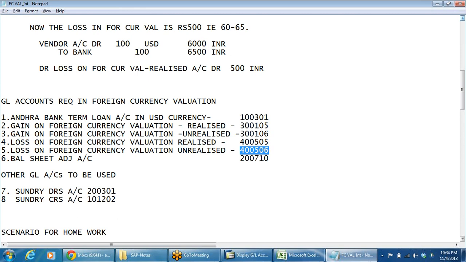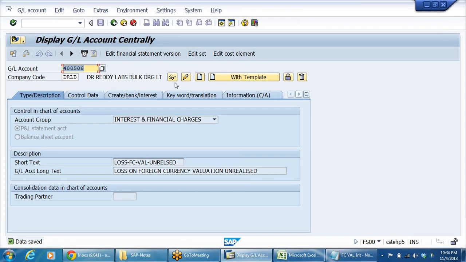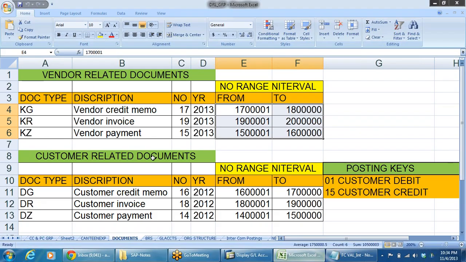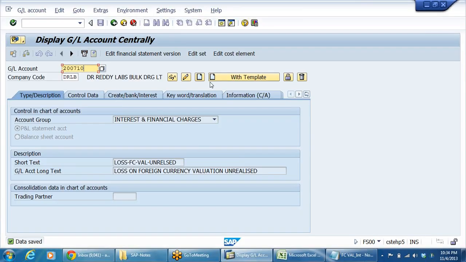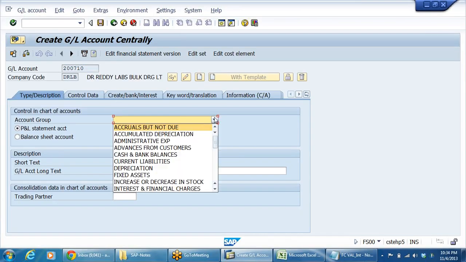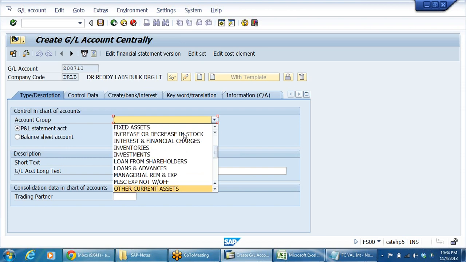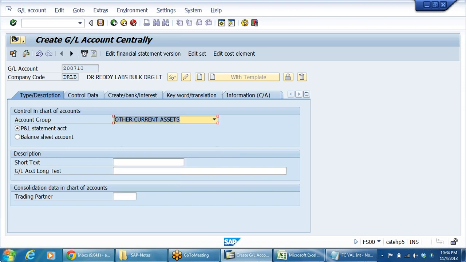Then coming to balance sheet adjustment, 4 accounts we have created. Then the balance sheet adjustment account, 200, 710. 701 other current assets. Other current assets. Right, balance sheet account.